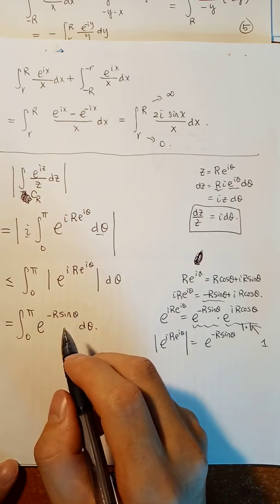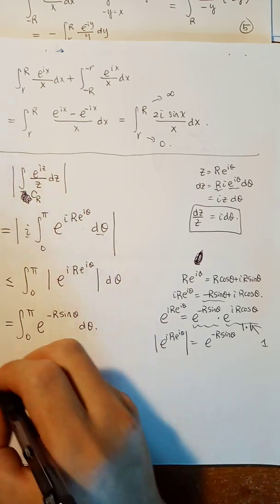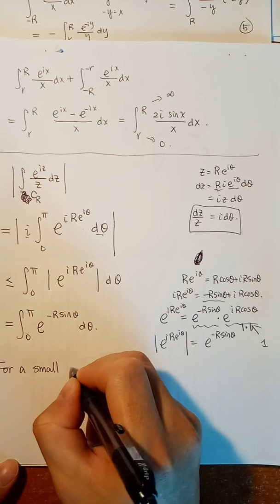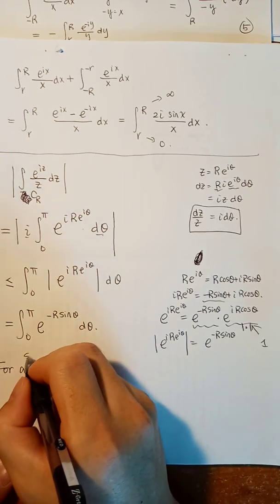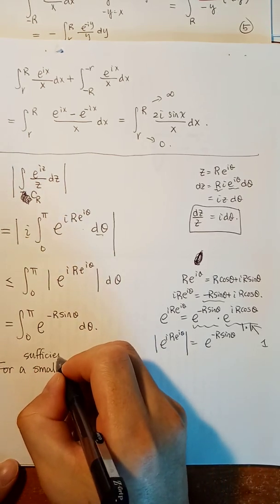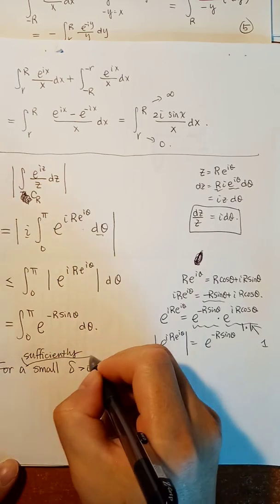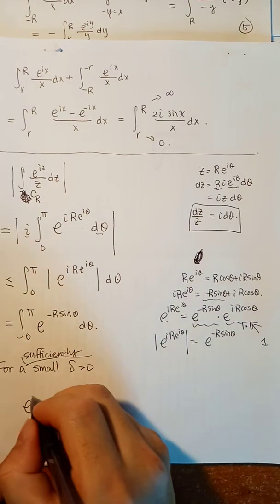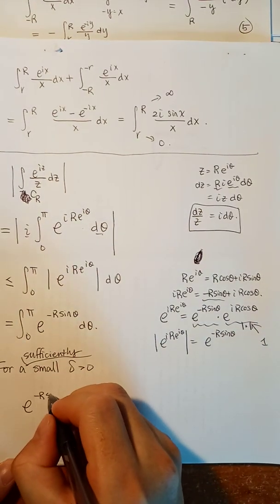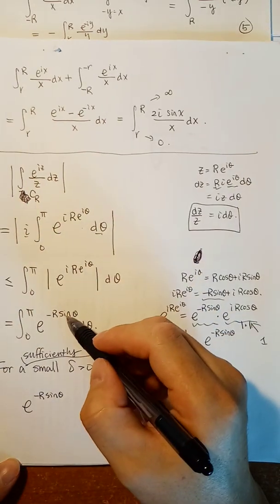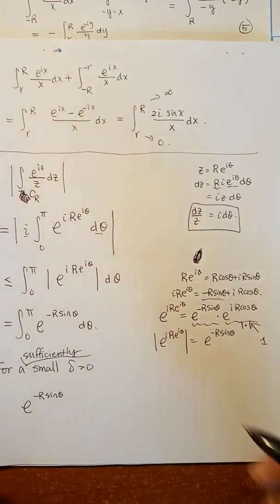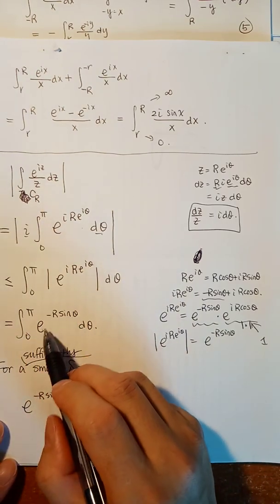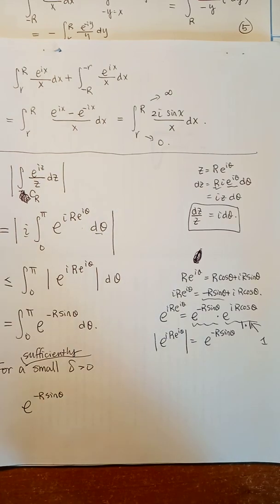So for sufficiently small delta, the exponential function e to negative R sinθ. R sinθ, with θ between 0 and π, is a positive number. With a negative sign, it's negative. Negative exponent means it's in the denominator.